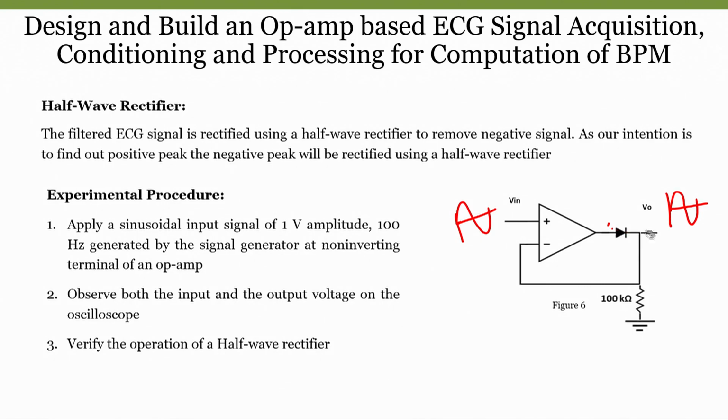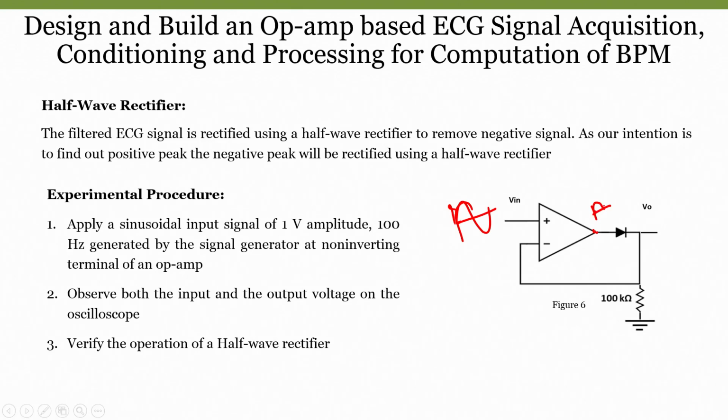But now in this case, if you clearly observe, there is a diode, so only the positive amplitudes will be allowed, and the negative amplitudes cannot be allowed, right. When the diode is in forward bias condition, it will allow the input signal. When the diode is in reverse bias condition, it will not allow it. To understand the circuit, for example, if the input is a positive peak, what is supposed to be the output? It should also be a positive peak.